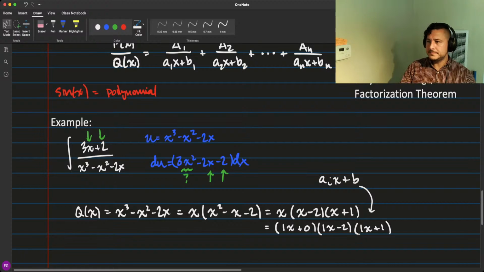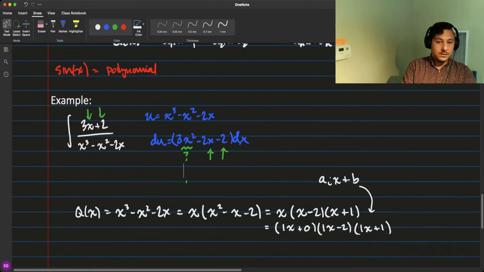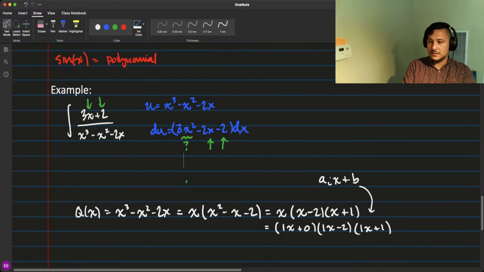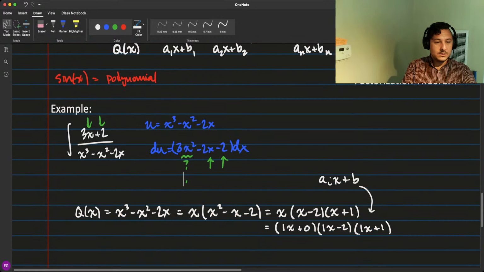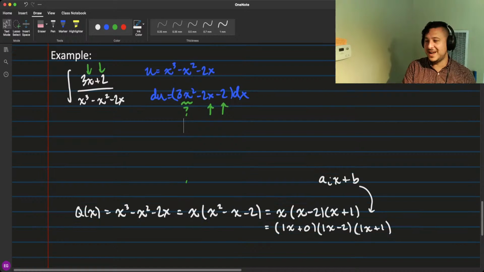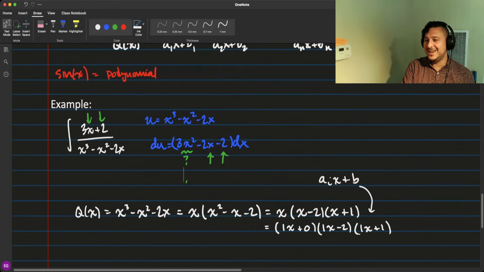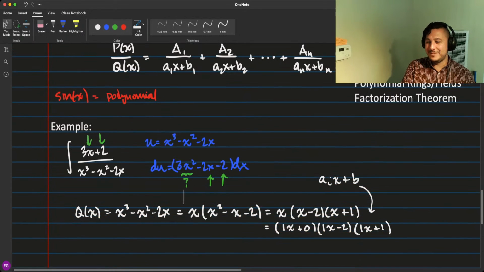Yeah. So the factorization theorem tells you... Oh, what just happened? It's stuck. Oh crap, I'm trying to scroll down, but it's scrolling with me. Oh, what happens?